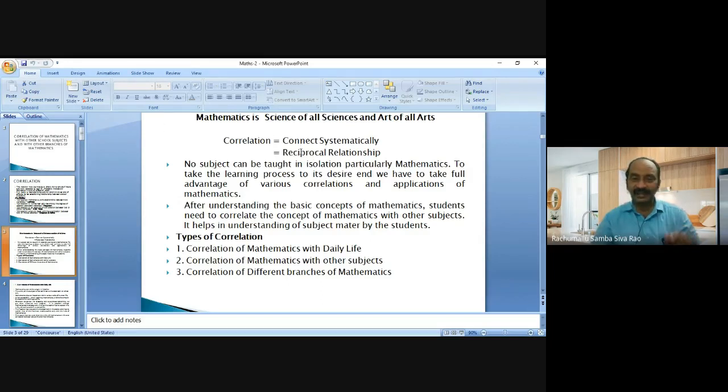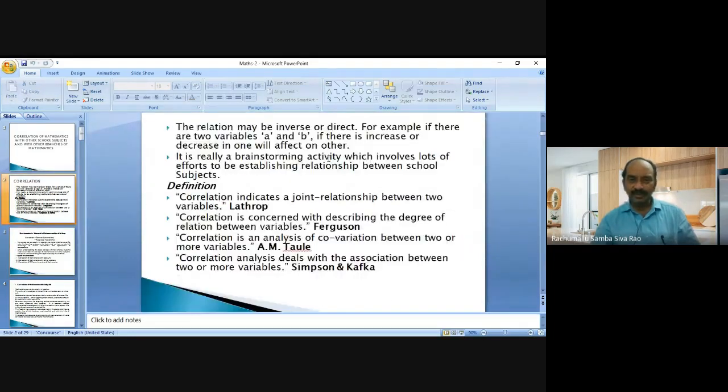Correlation means a relation between two subjects, two objects, or two variables, whatever it may be. Correlation means connecting systematically, or a reciprocal relationship. Now let us see some definitions related to correlation. Correlation indicates a joint relationship between two variables.